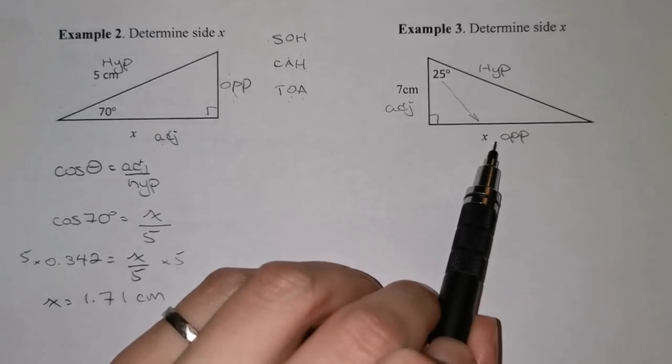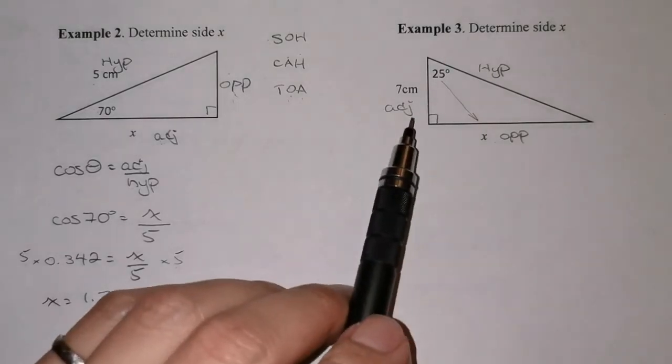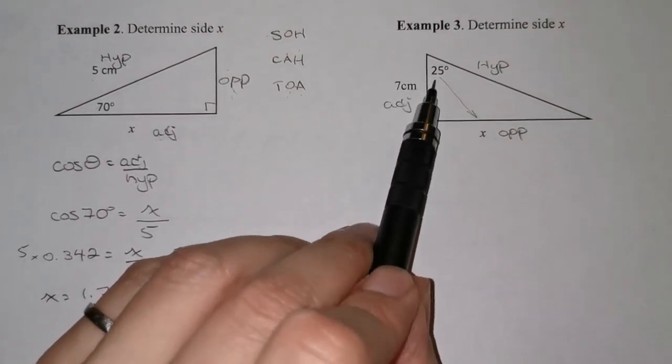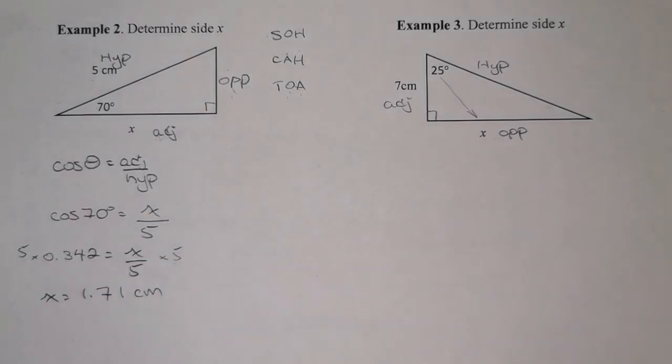The base is actually your opposite side in this case. And adjacent is the side that's beside the angle. So you have to mark out the names of each side before starting to actually solve anything.